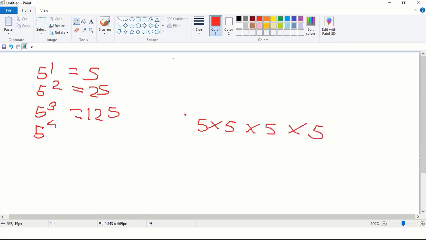So 25 into 5 is 125. Now 125 into 5. Let me adjust the screen.